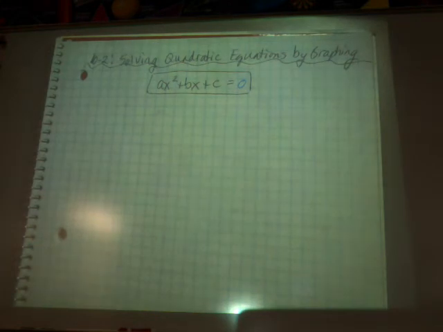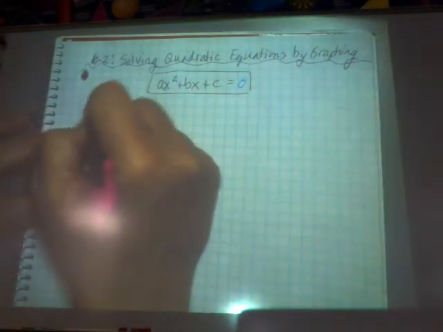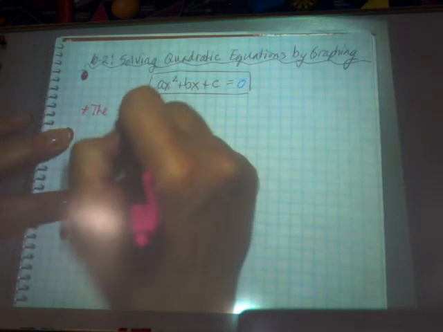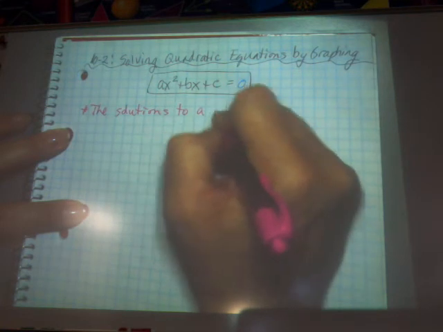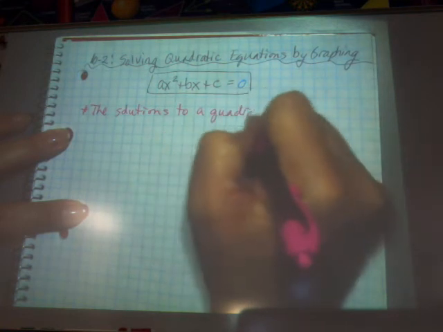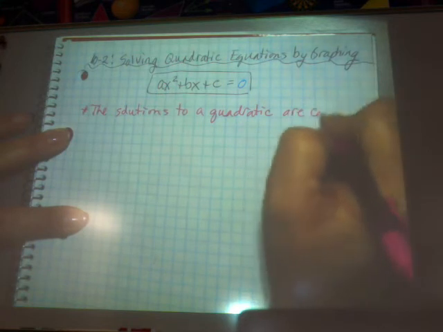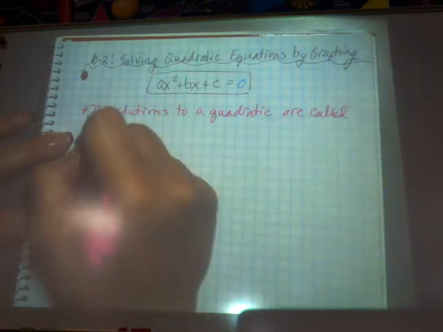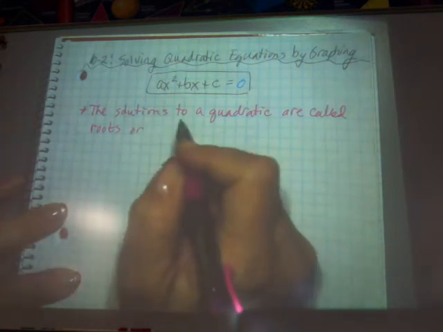So one thing I want you to add, these solutions to a quadratic are called roots, or what else have we called them?